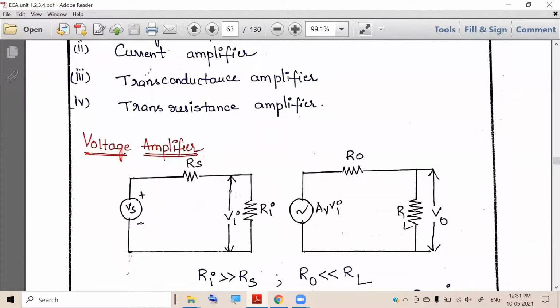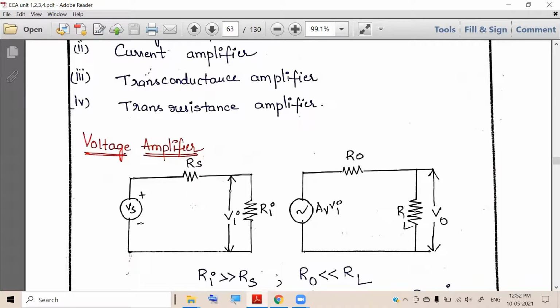So this voltage should be much greater than this voltage. So one of the conditions is Ri should be much greater than Rs.